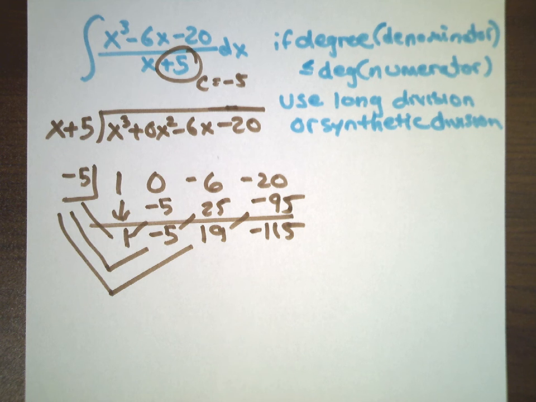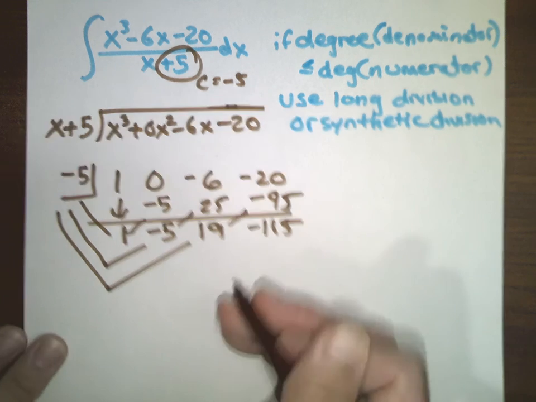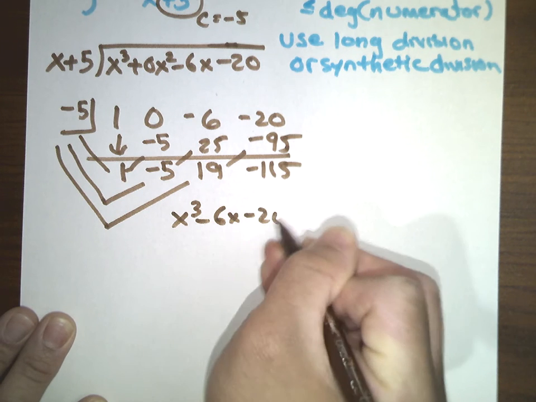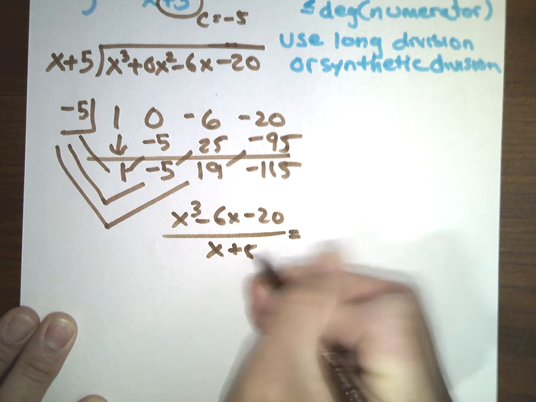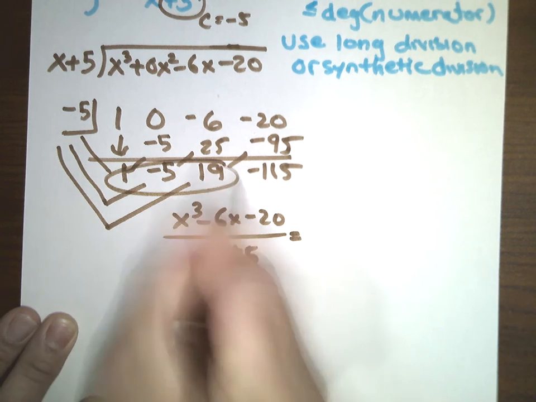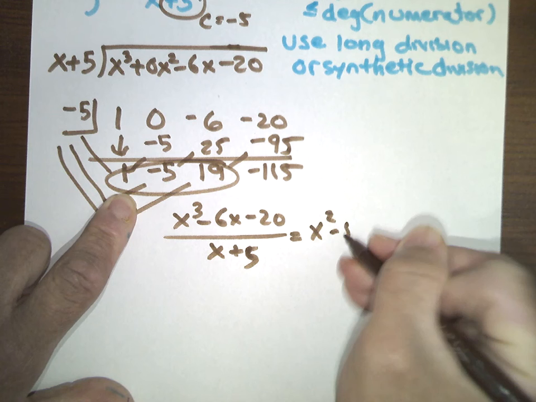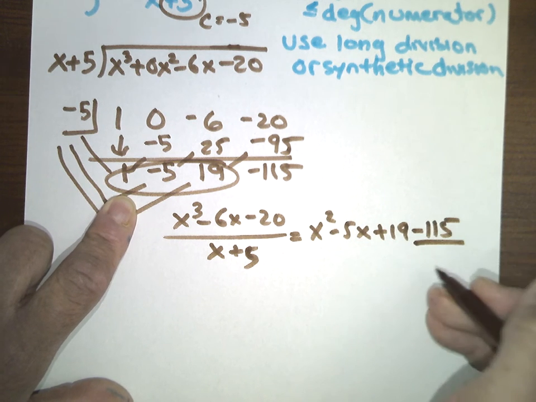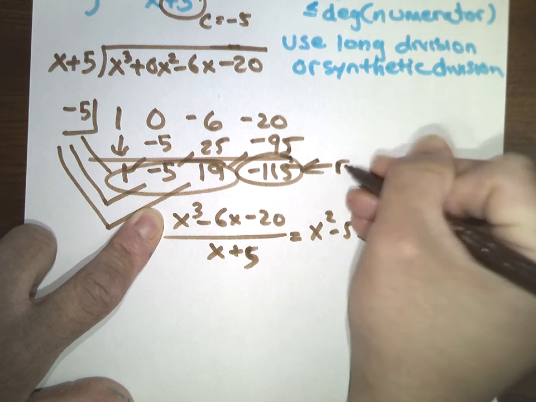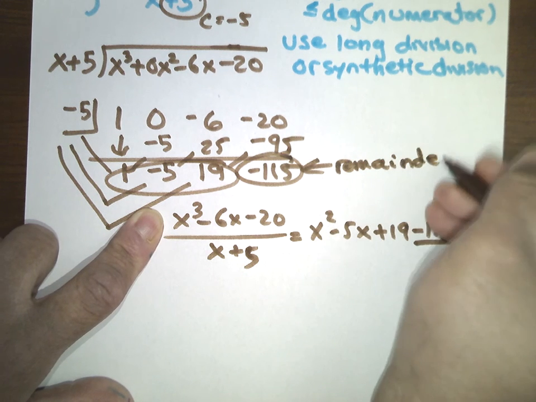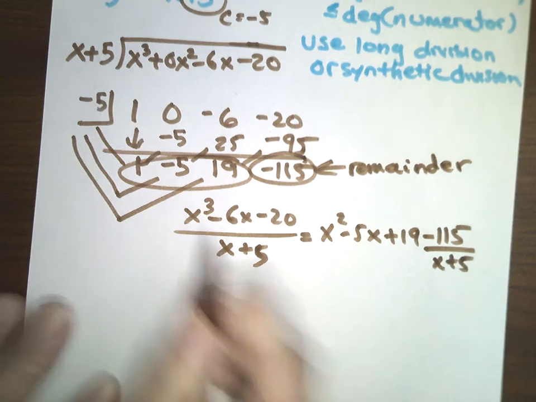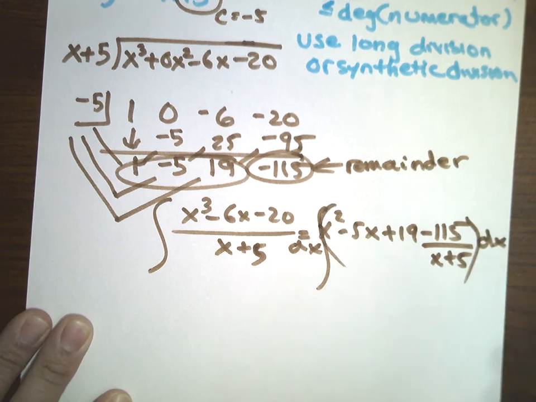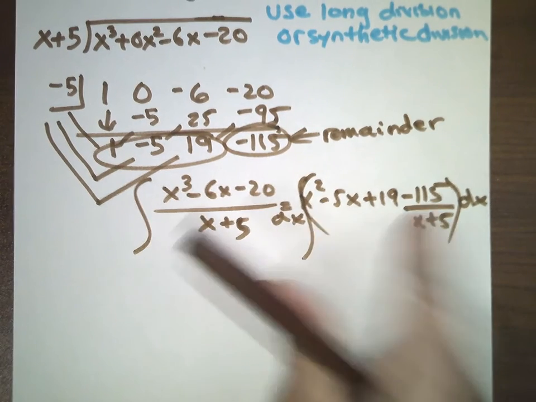All right, so now what do I do after this? I rewrite the x to the third minus 6x minus 20 over x plus 5 as x squared minus 5x plus 19 minus 115 over x plus 5, where this is the remainder. So this integral will be equal to the integral of this dx.